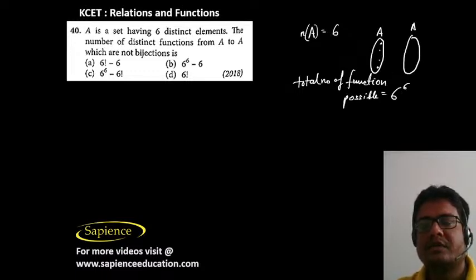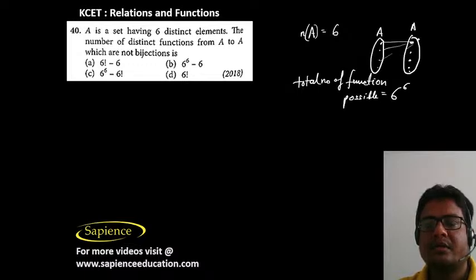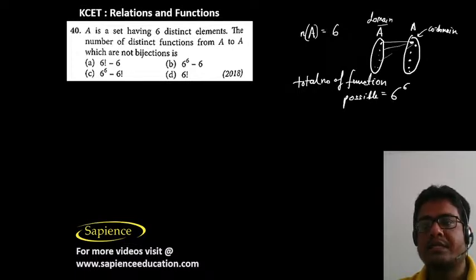Each and every element can map with each and every element in the set A. Each element in the codomain can have any of the 6 elements in the domain as the pre-image. So each element in the codomain has got 6 options.